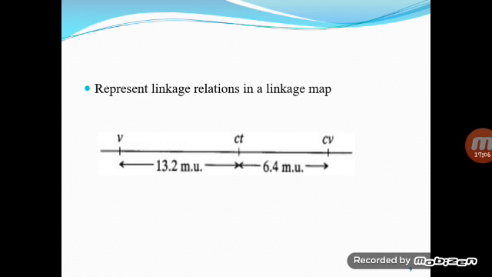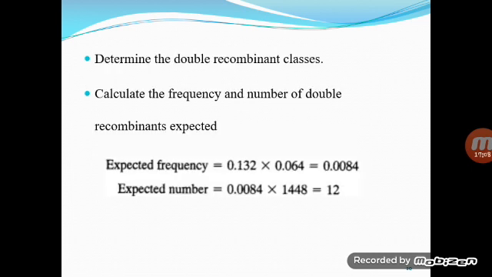After doing this step, the next step is to determine the double recombinant classes. Then calculate the frequency and number of double recombinants expected if there is no interference. So expected frequency is 0.132 multiplied by 0.064, which is equal to 0.0084.